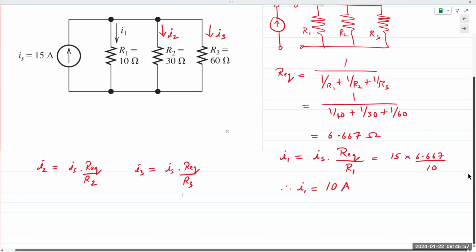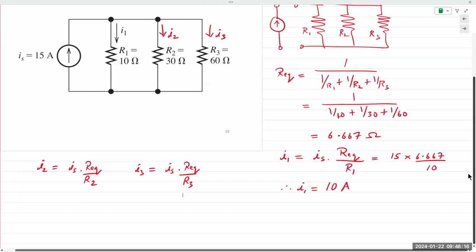Solving this by logic. So one final point before we move on. 10, 30, 60. The lowest resistor would have the highest current, right? Opposition is low, so the flow would be high.